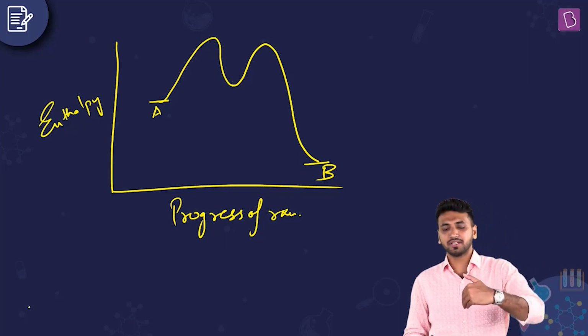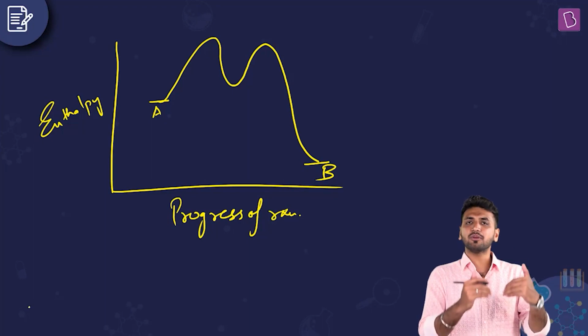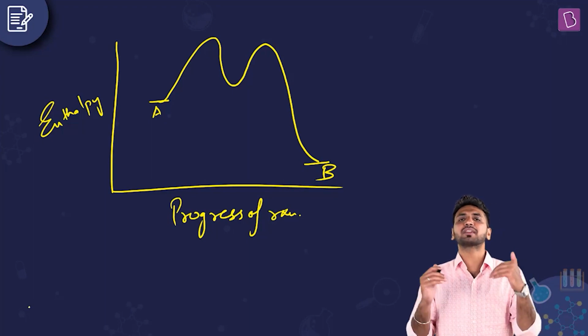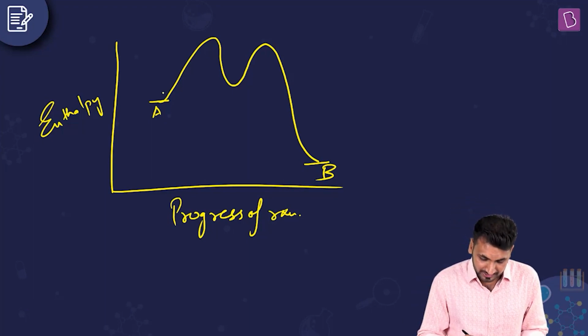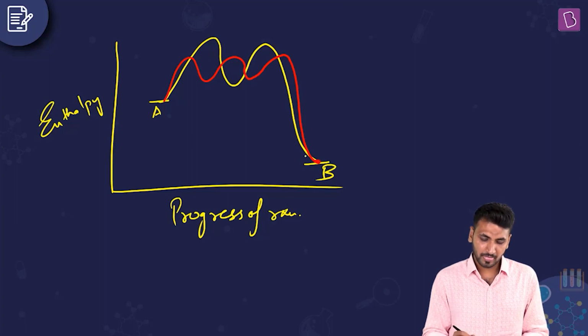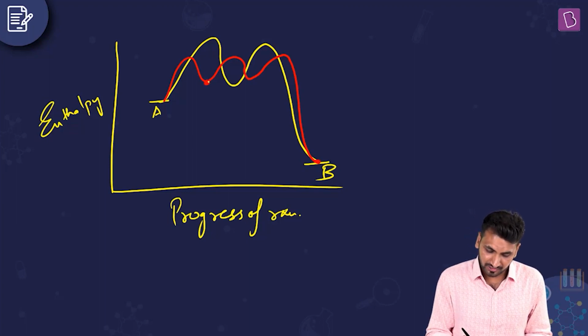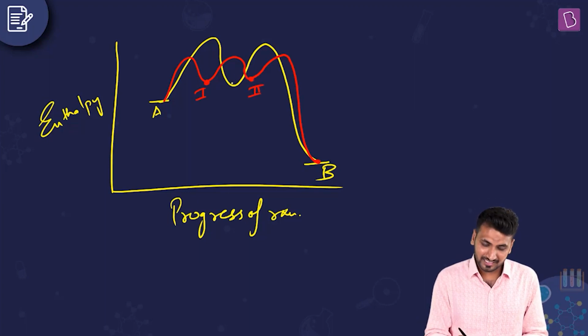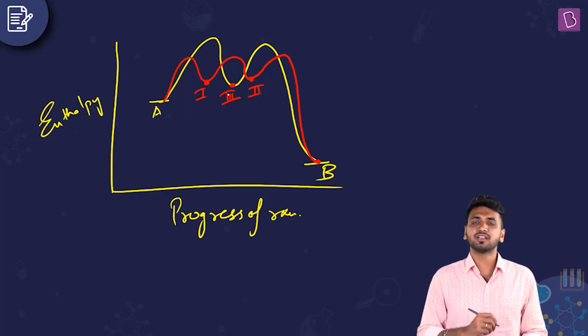In another way, we are going from A to B only, but the mechanism is going to change. This time, let's say we have two intermediates, and finally we move to B. Here we have intermediate 1 and intermediate 2, and in the first path we have intermediate 3.